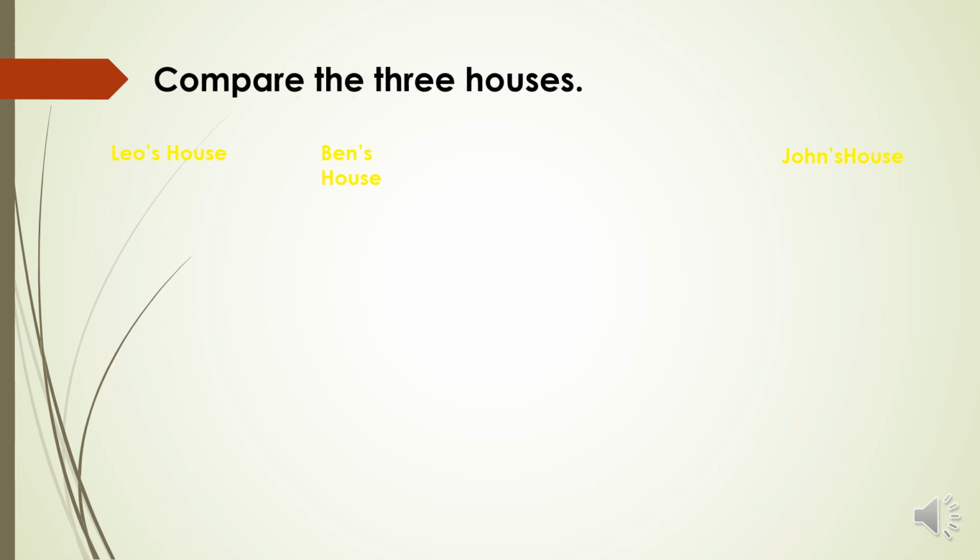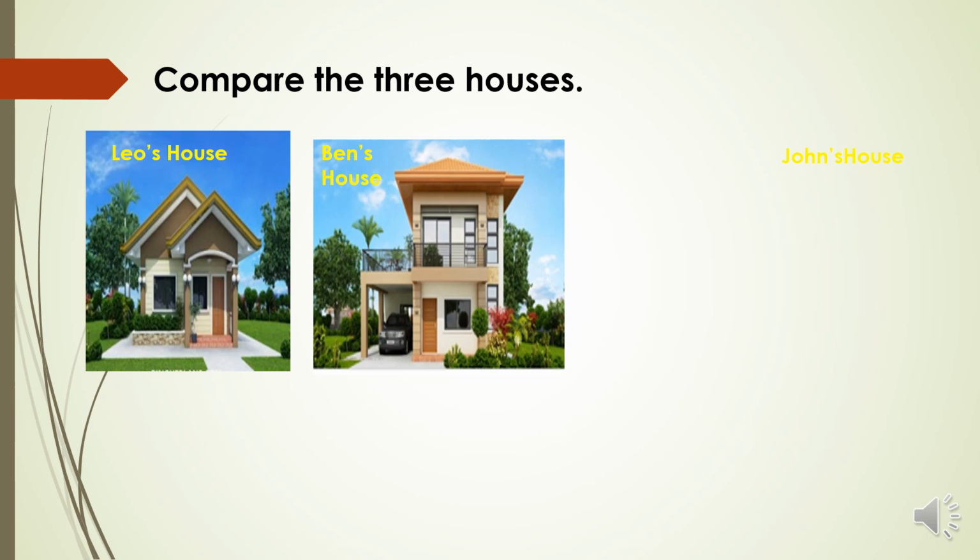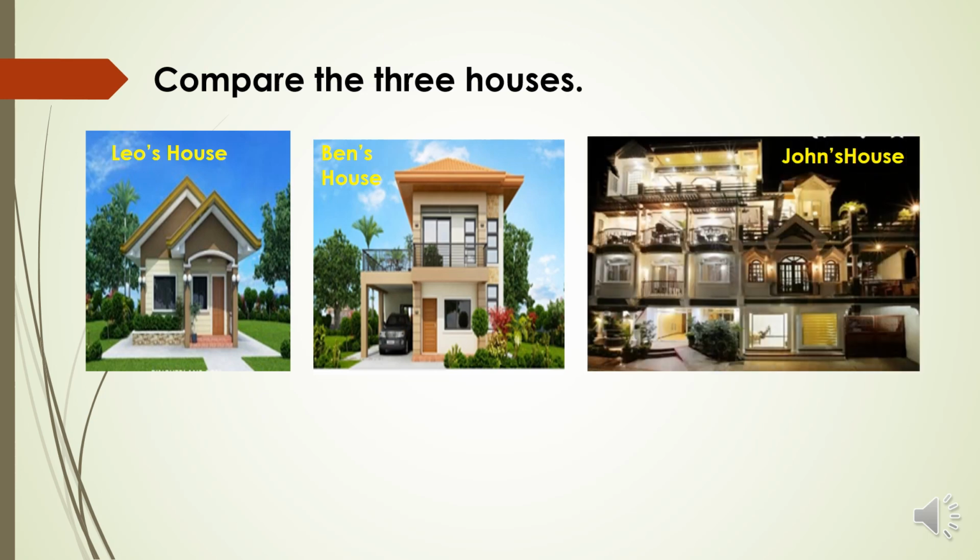Now, let us compare the three houses. We have Leo's house, Ben's house, and Jan's house. What are the describing words for these houses? Let us describe these three houses based on their size.